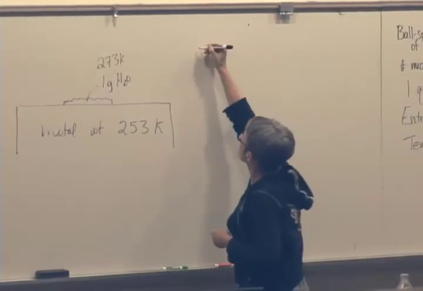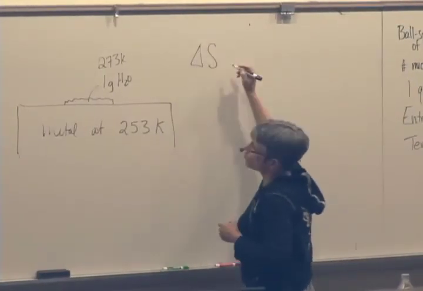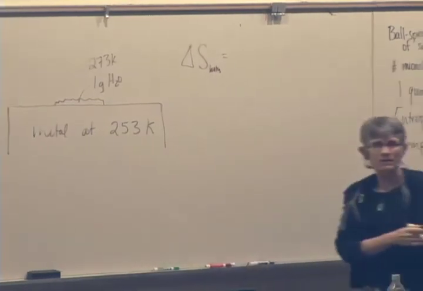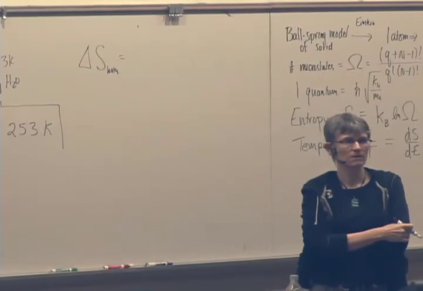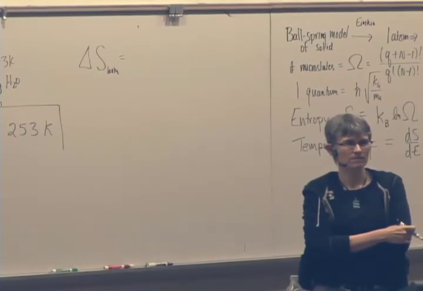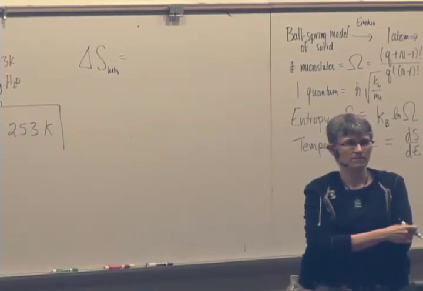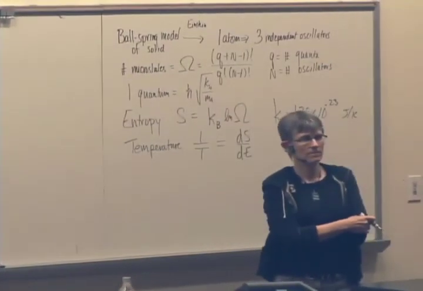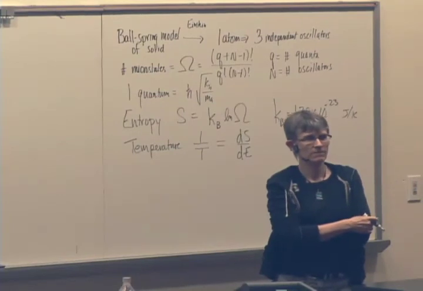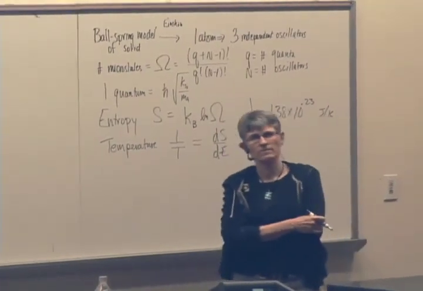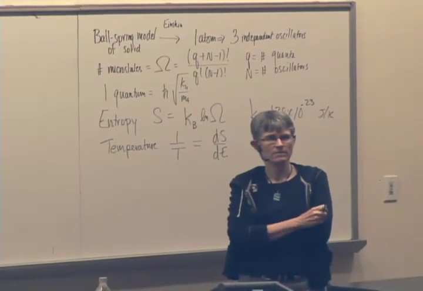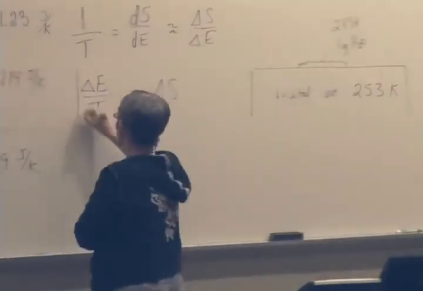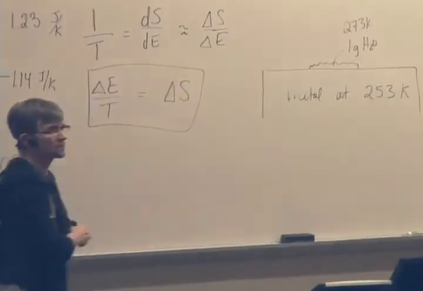So how do I calculate the entropy change for the water? What's that going to be equal to? How did we do it last time? So we use the change in energy of the system divided by the temperature, right?